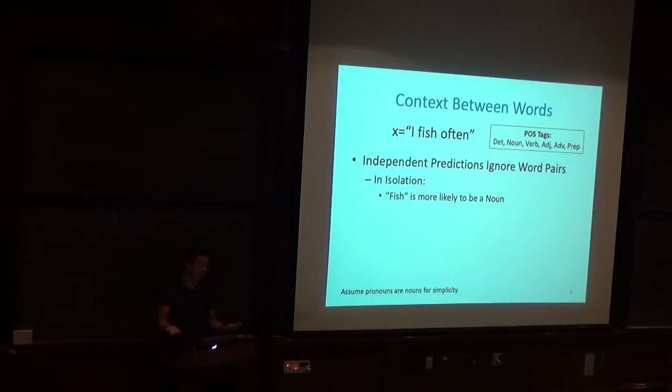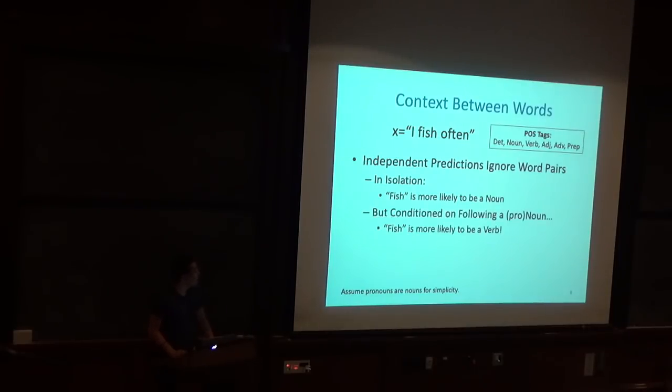That's what our model has learned, and that's actually probably true. I think that's typically true in any data set you collect of natural language. But conditioned on the previous word being a noun or a pronoun, which I'm treating equivalently in this particular example, fish is more likely to be a verb. And that's something that is not captured in this very simple model.